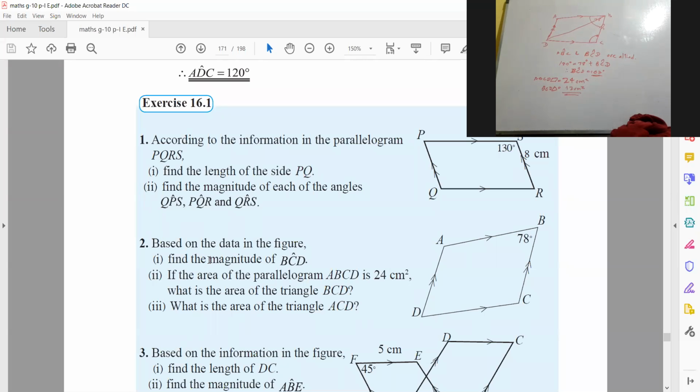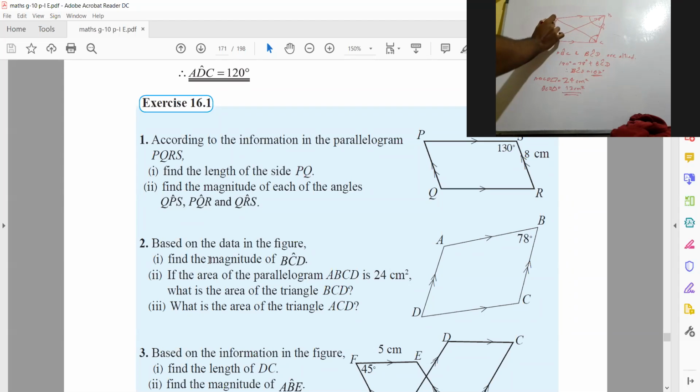Then they are asking what is the area of ACD. Right? If we construct this diagonal, AC diagonal, we can get the triangle ACD. As it is created by the diagonal, this part will also have half of the area of the parallelogram, right?